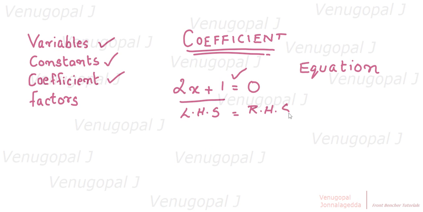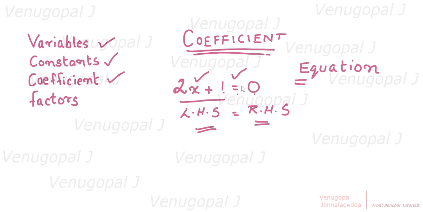And why this is called an equation is because we are saying this left hand side is equal to the right hand side, and there is a value of this x. Okay, so what we are trying to tell you is 2x plus 1 is equal to 0 when x has some value.